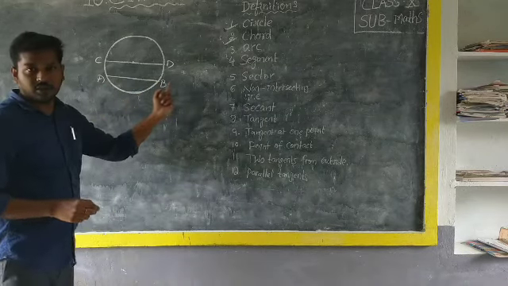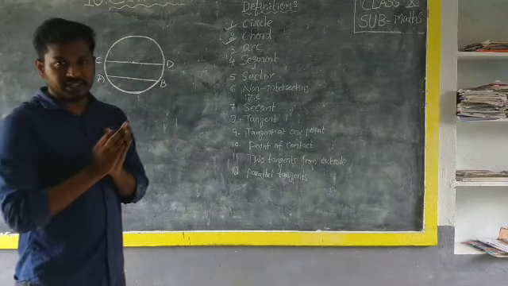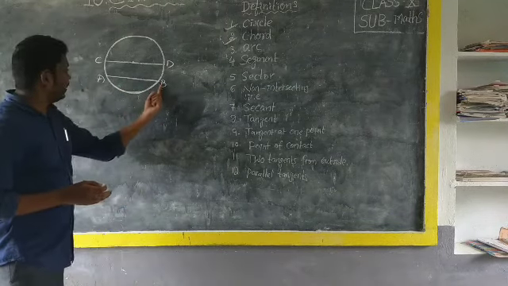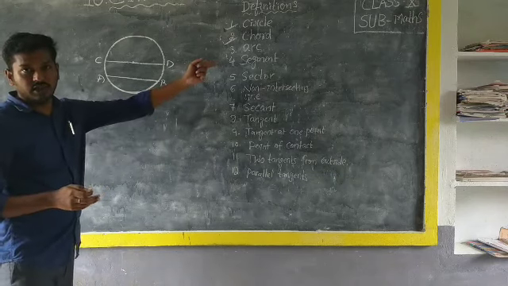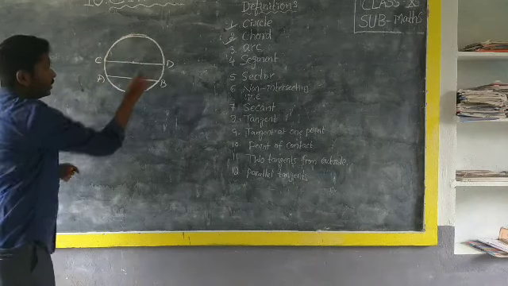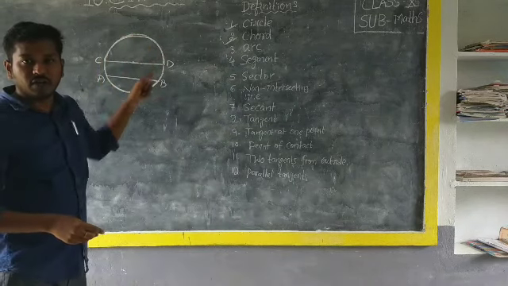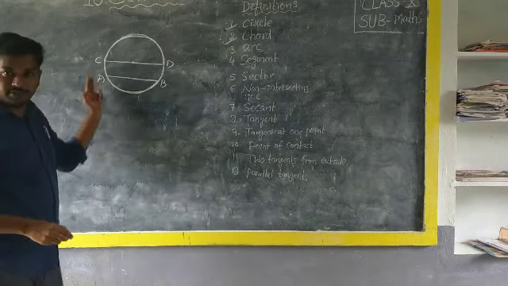The curved line AB is one part of a circle. This curve AB is called an arc. Here CD is also an arc, and CB is also an arc.